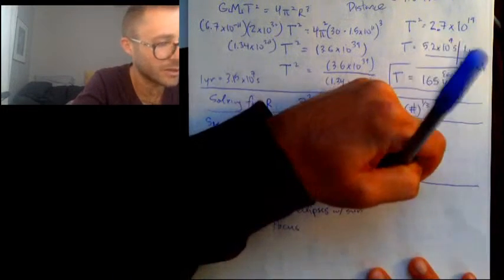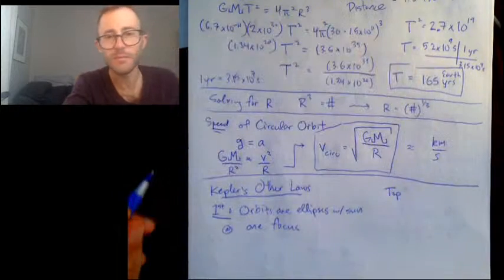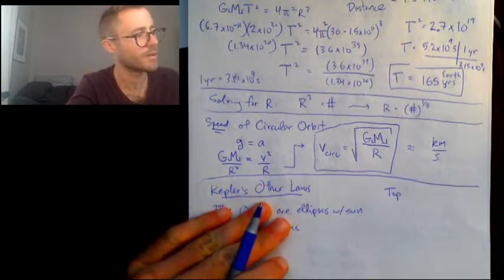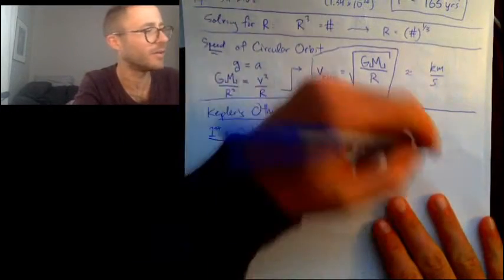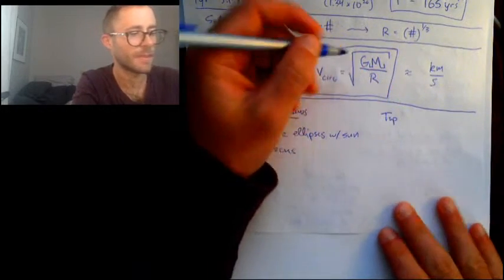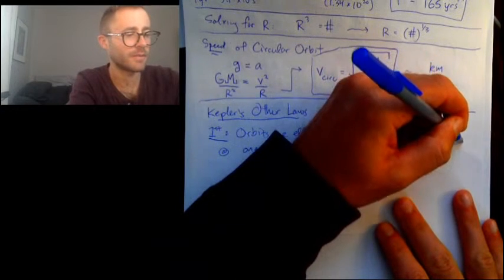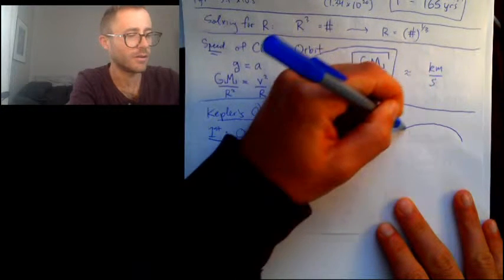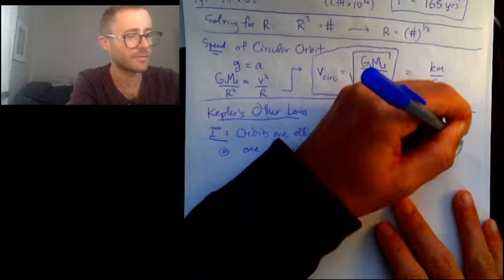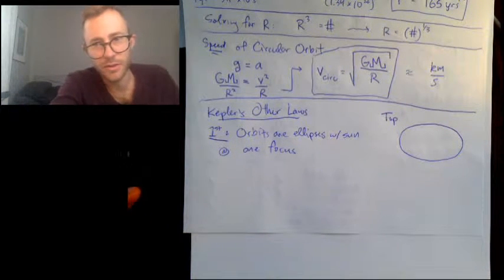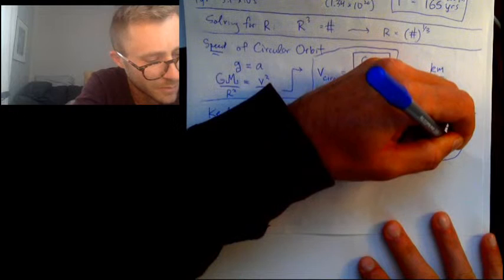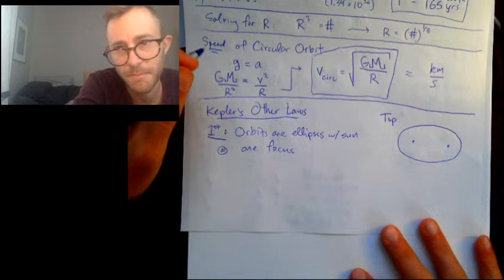So if we were to look at a top view of an orbit, it's going to look like an oval, so an ellipse, something like that. Okay, and an ellipse, if you remember from your math class, has two foci, which are kind of like right here and here, maybe.